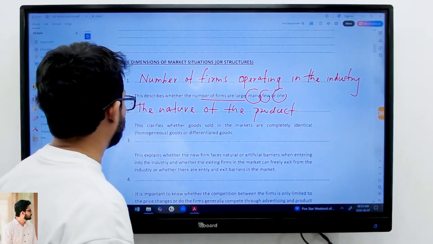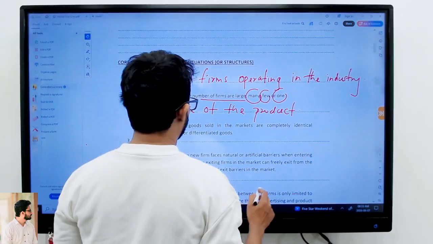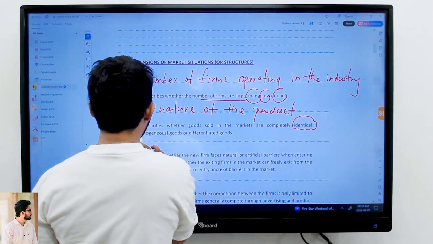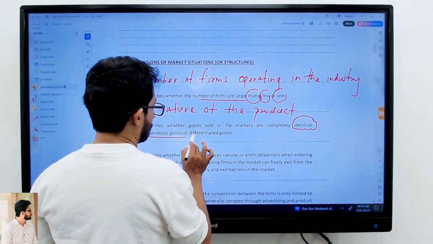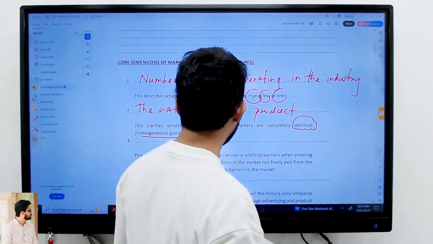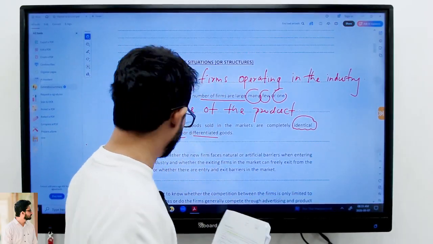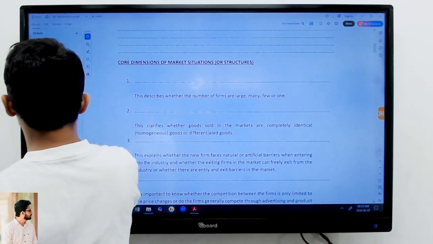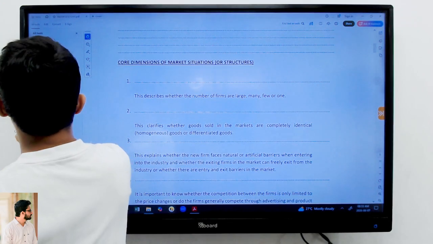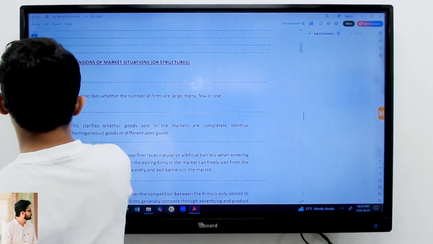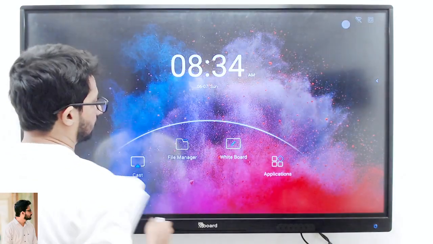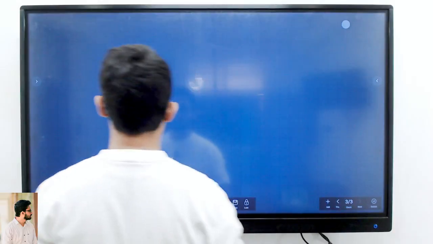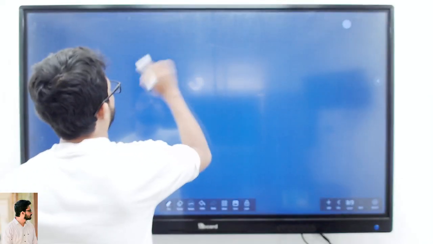These are the different types of products. Number one, some markets have identical or homogeneous goods. Actually, there should be three types.